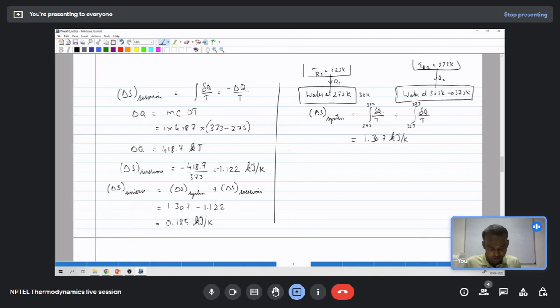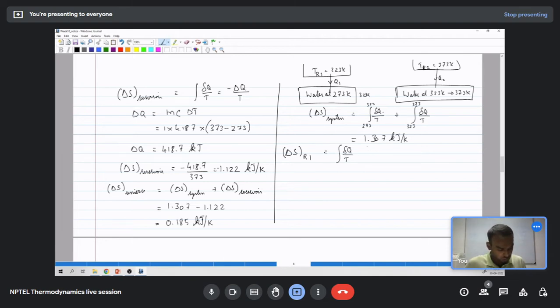And now we can calculate the change in entropy of the reservoir 1 and 2. For reservoir 1, we had del Q by T, and here the heat transfer is only from 273 Kelvin to 323 Kelvin, and the temperature is also only 323 Kelvin.